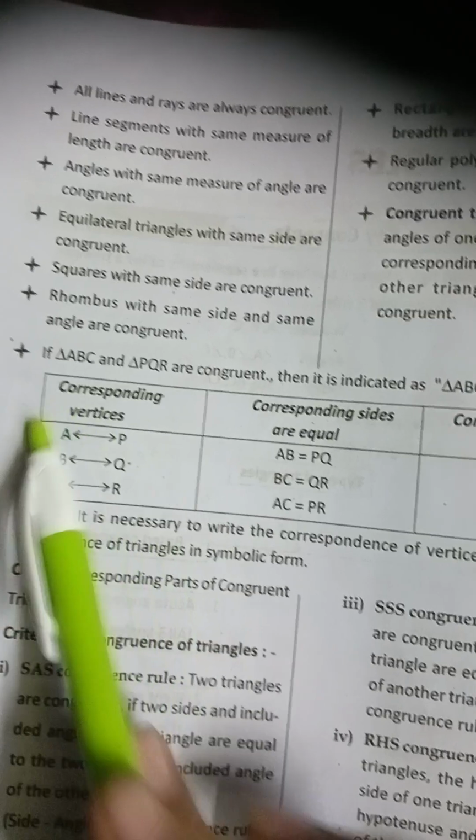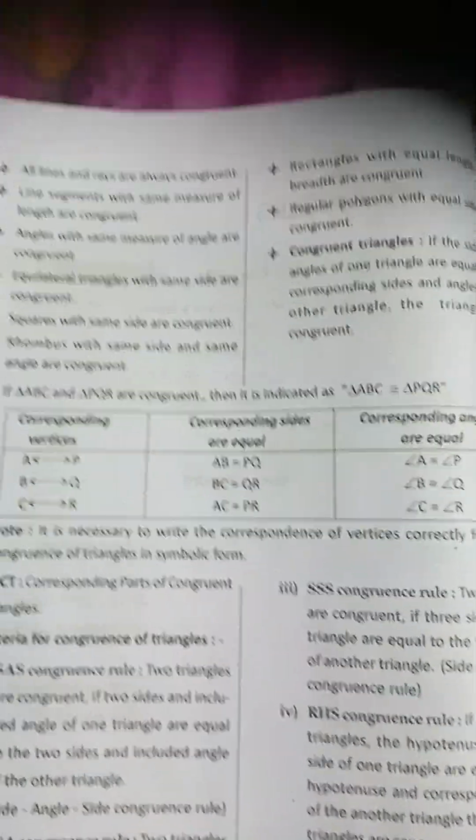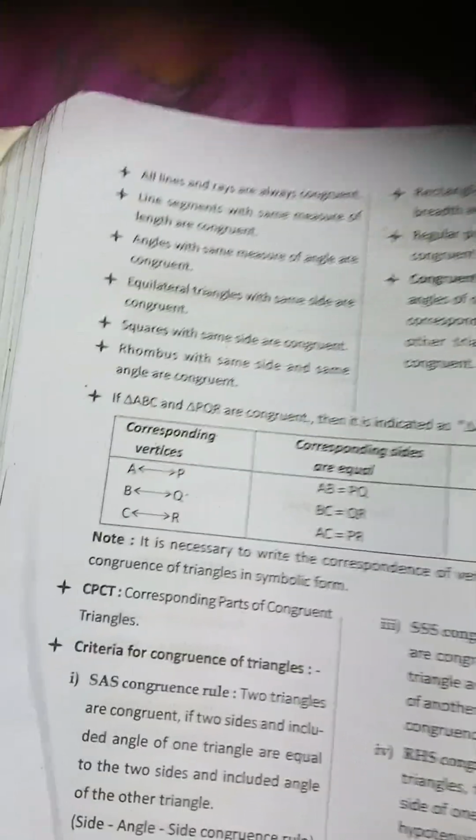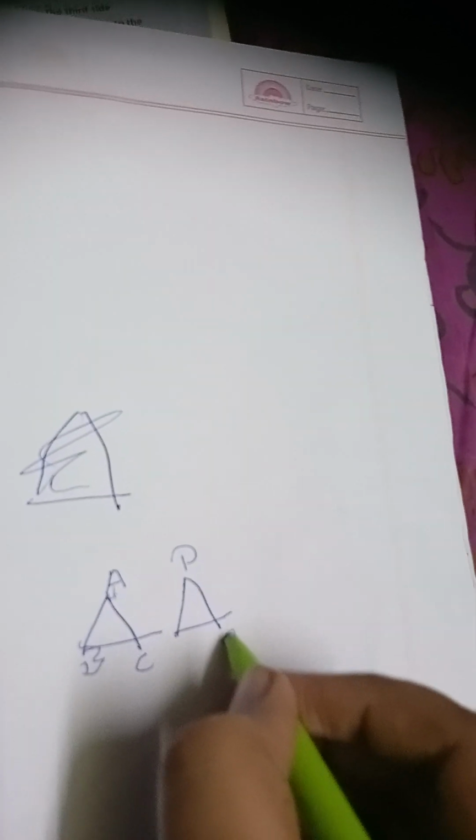Now I will demonstrate this point in a notebook. Look at this very carefully. I am drawing two triangles, imagine them with the same lengths. These are the rough diagrams of the two triangles ABC and PQR.